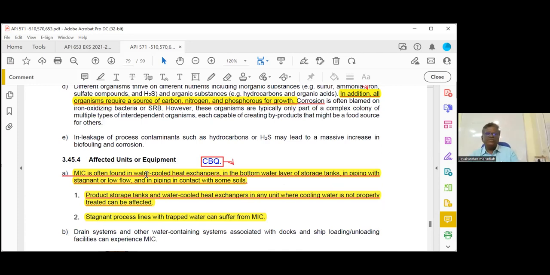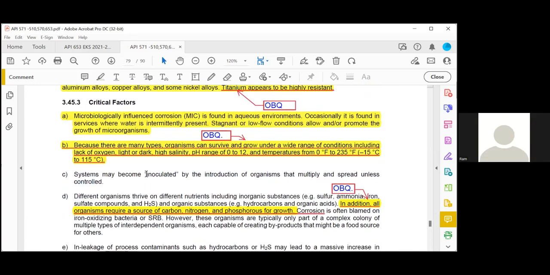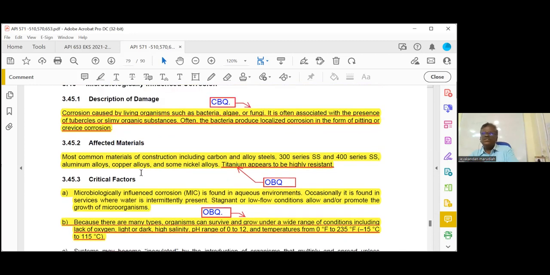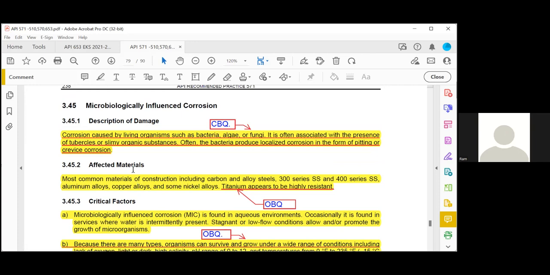If you have doubts, ask me, because generally questions will not be asked from the affected units section. They will not ask in the exam which unit it is affecting. But if you want to know which damage mechanism affects which units, there is a separate section, though we are skipping it in most damage mechanisms. Generally there will be no exam question. If you have time, Sriram, go through that. You can find the answers. Okay, sir. Thank you, sir.